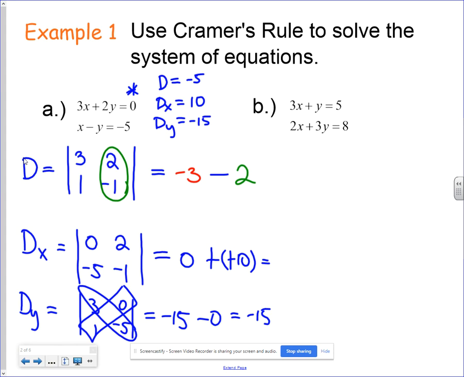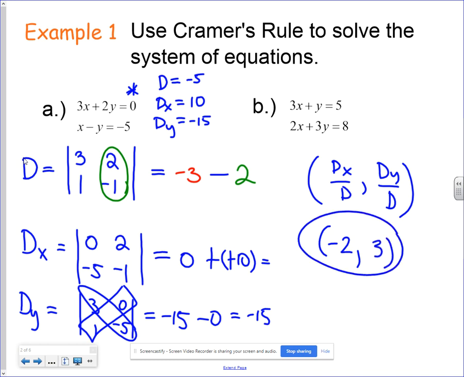So to find x, I do D of x over D. To find y, I do D of y over D. So D of x is 10 divided by D, which is -5, would be -2. D of y is -15 divided by -5, which is +3.